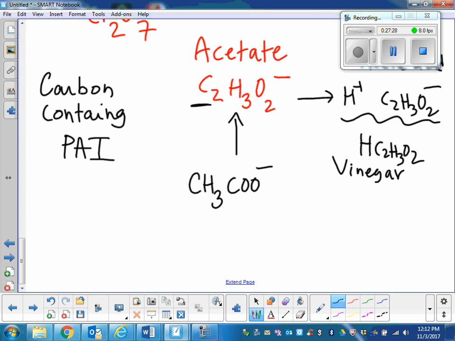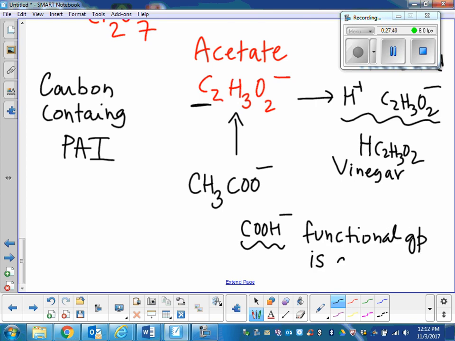A COOH functional group is an acid in organic chemistry. So vinegar is an organic acid which tastes sour. No, the hydrogen plus and the minus will cancel, becoming neutral. That's now a compound.